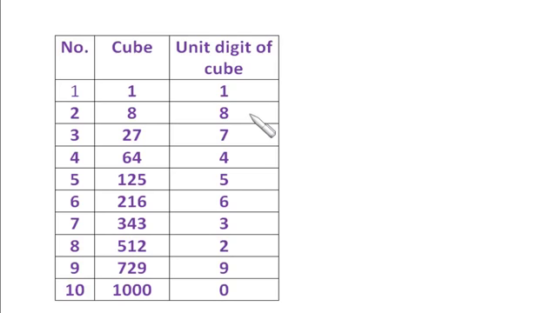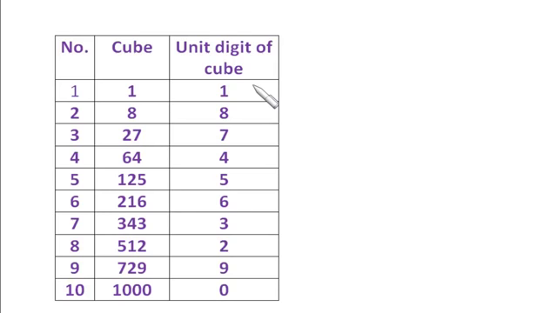Similarly, if the number given to us has 8 at the units place, then definitely its cube root will have 2 at the units place. Similarly, we can observe from the table. Just observe it very carefully. You can make this table for your initial practice, and definitely you know all the cubes of the numbers, but for initial practice you can make this table.